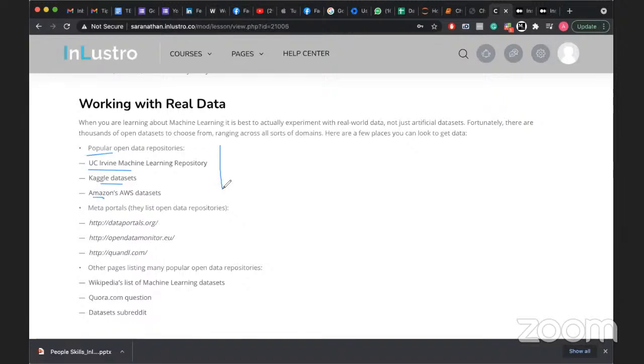Meta portals list other open data repositories, meta means one level above: dataportals.org, opendatamonitor.eu, quandl.com. Other pages where you can see open data repositories are Wikipedia's list of machine learning databases, Quora.com, and data sets in subreddit. So these are some of the repositories where you can actually get lots of data, right?